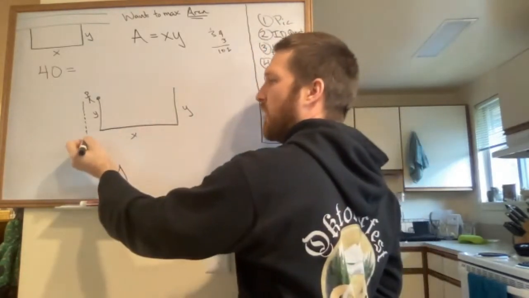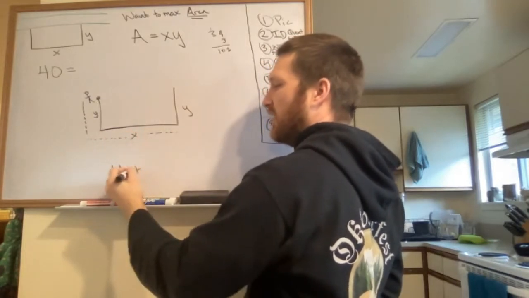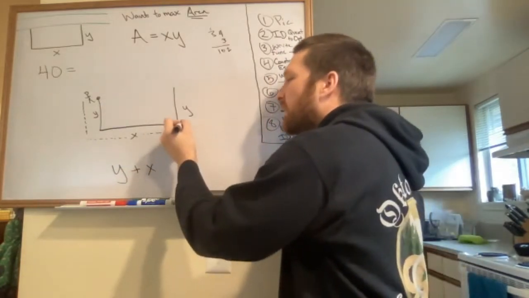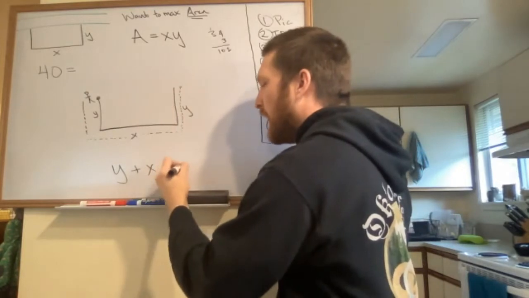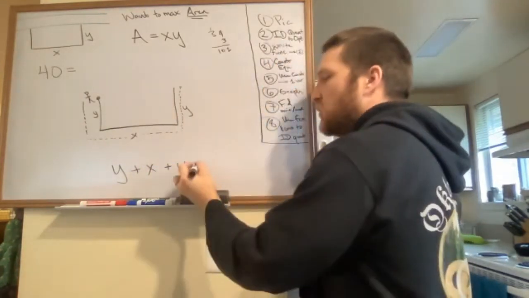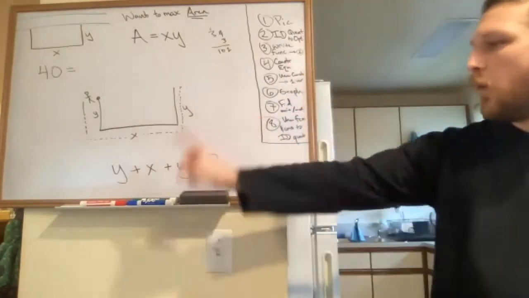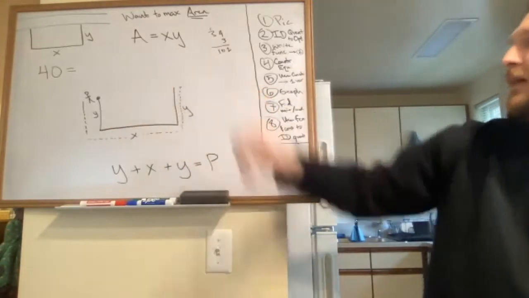And then I'm going to walk from here to here, and I will have laid down an additional X yards of fence. And then I'm going to walk from here to here, and I'll lay down an additional Y yards of fence. And so my total yards, or my perimeter here, is Y plus X plus Y, like that.